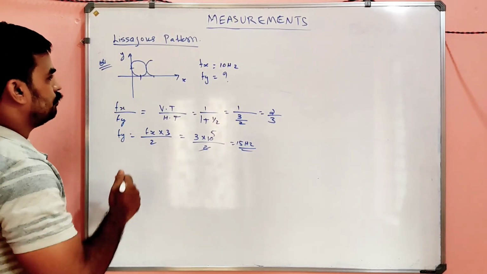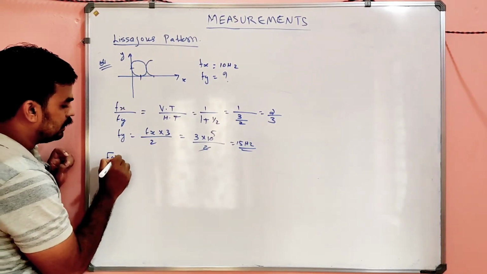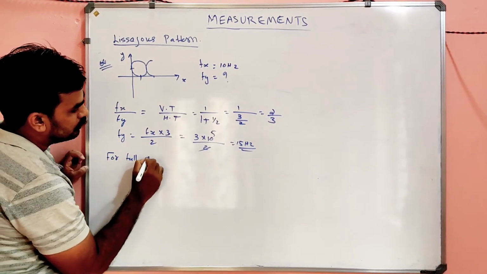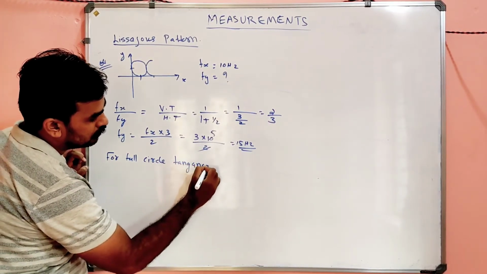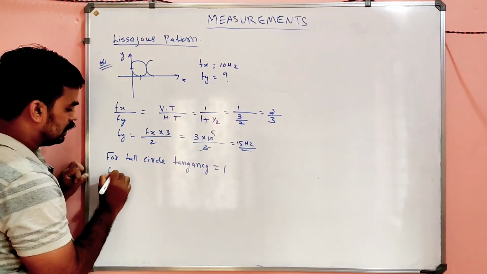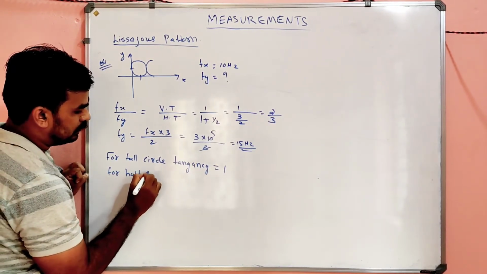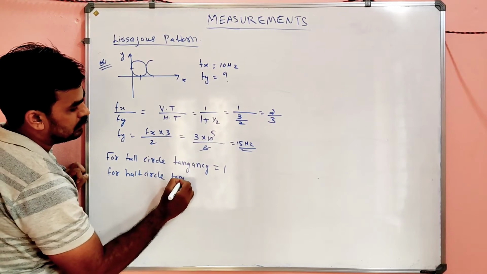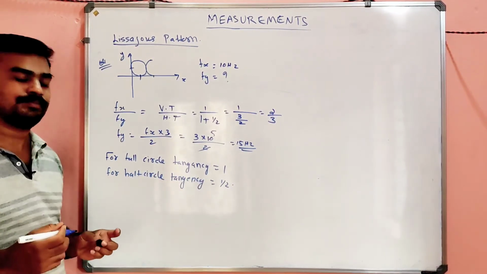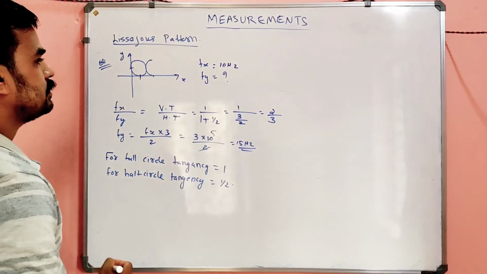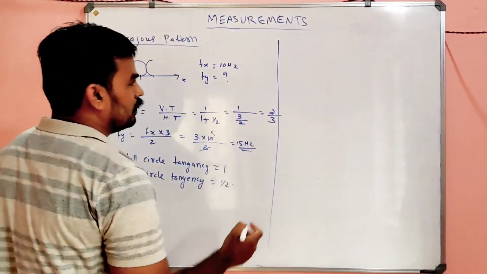Okay, so you write here: for a full circle, tangency is equal to 1. For a half circle, tangency will be 1 by 2. That's all. Is it clear, my dears? Write another question.